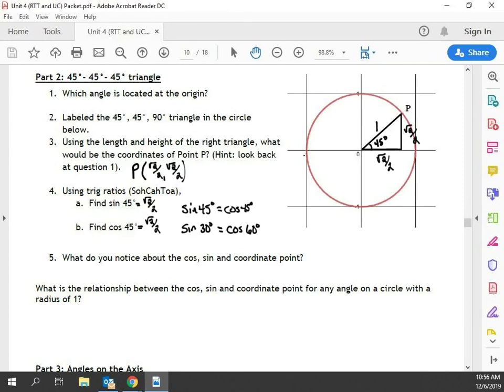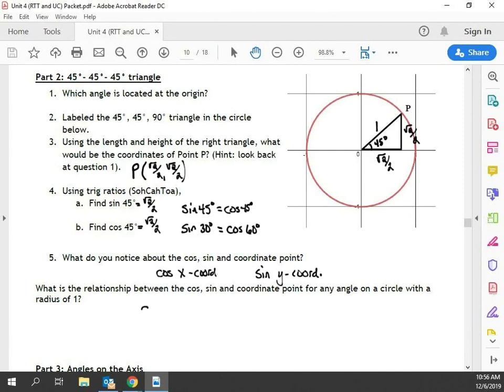So then it goes on. What do you notice about the sine and cosine coordinate point? Again, it asks the question, and we're going to answer it again. Cosine, x coordinate. Sine, y coordinate. Then at the end it says, what is the relationship between sine, cosine, and coordinate point for an angle in a circle with a unit radius of 1?